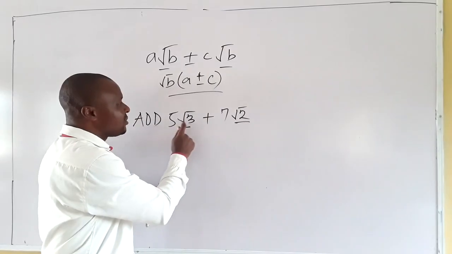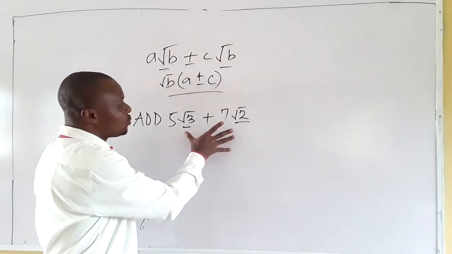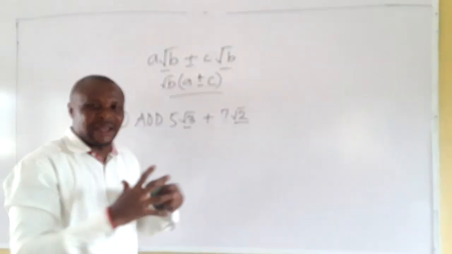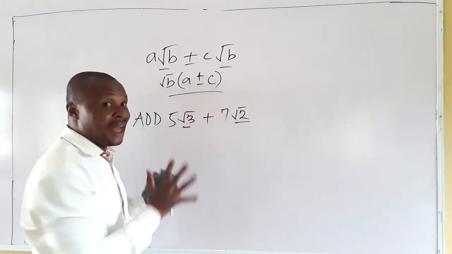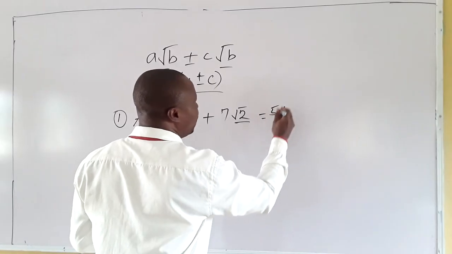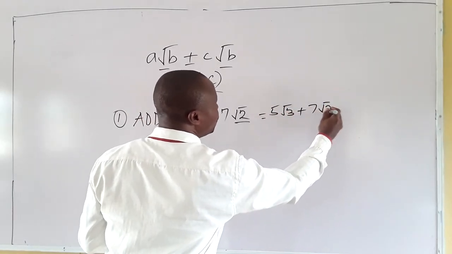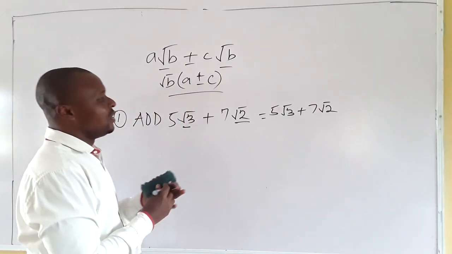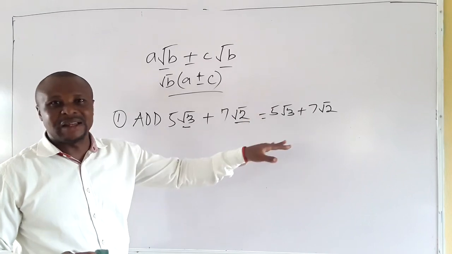So long as what you have in the square root sign are not the same, these surds cannot be combined or added. It will just be left like this: 5 root 3 plus 7 root 2, because they are not of the same order. So we can't add them.